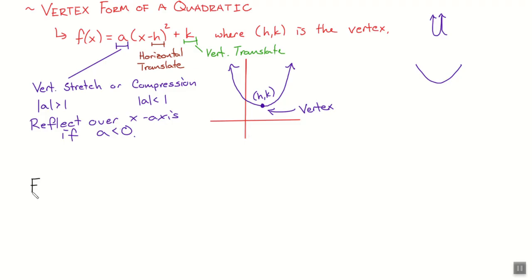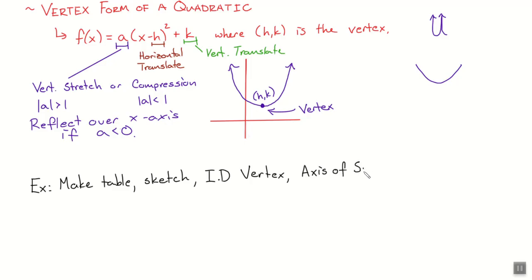So here we go. I want us to make a table. Then we'll sketch it from the points that we get from our table. I also want us to identify the vertex. We're going to find what is known as the axis of symmetry. Any guesses of what I use for my shorthand? Good call. It's AOS.